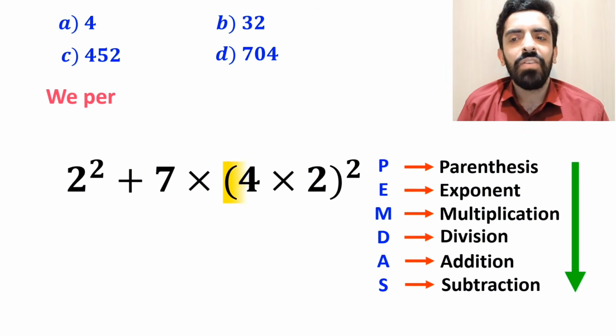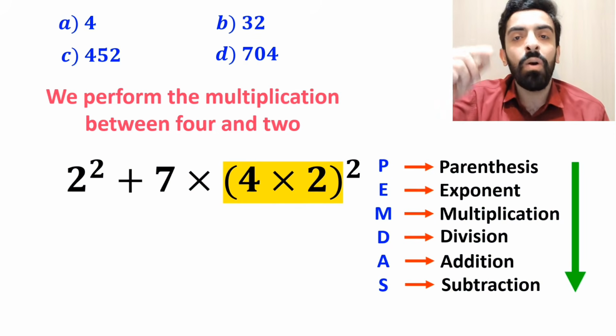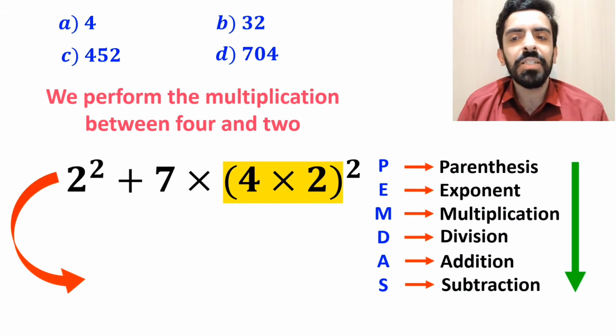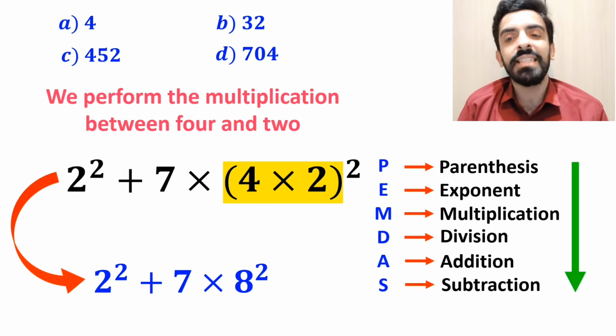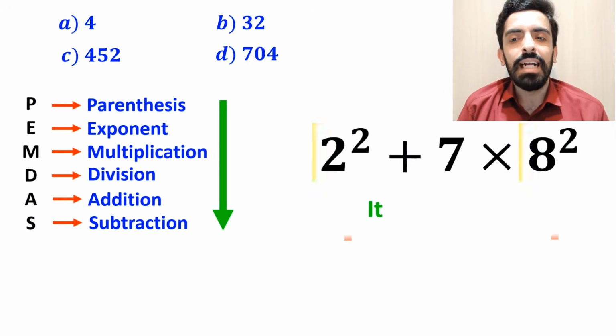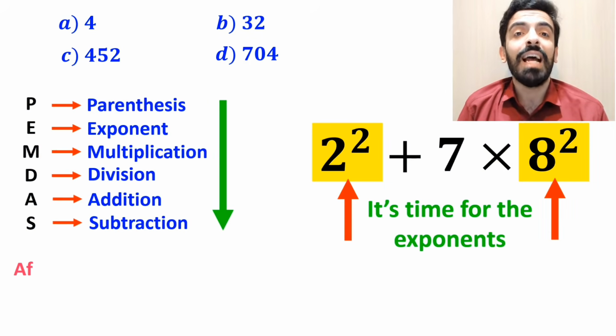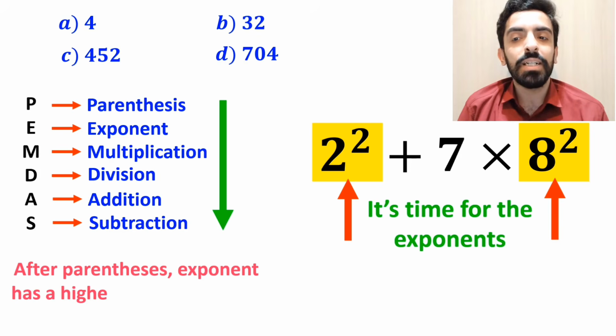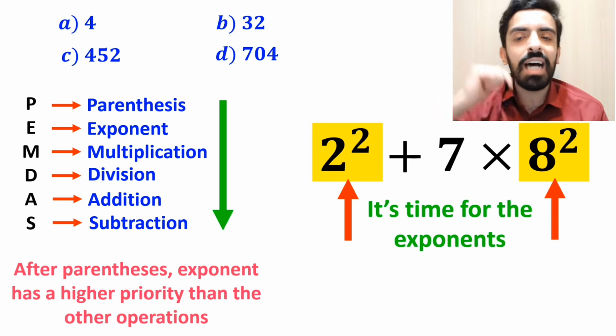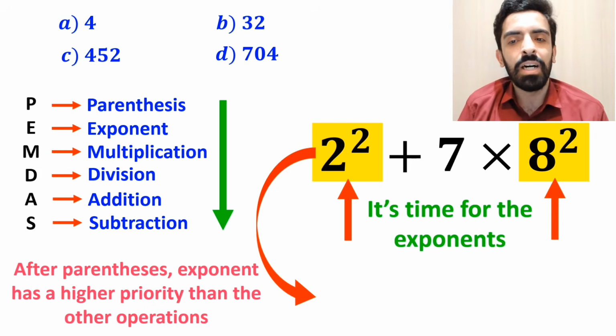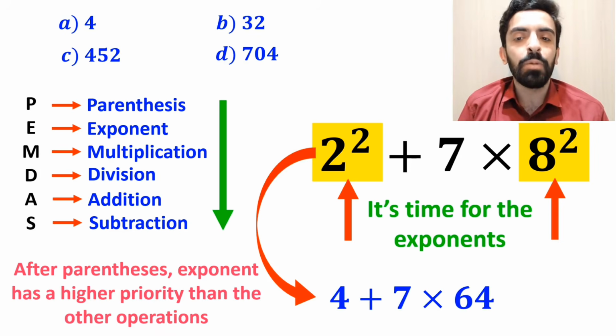In the next step, we perform the multiplication between 4 and 2 and this expression simplifies to 2 squared plus 7 multiplied by 8 squared. Now, it's time for the exponents because after parentheses, exponent has a higher priority than the other operations. So, we rewrite this expression as 4 plus 7 multiplied by 64.